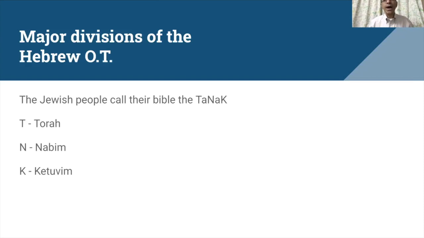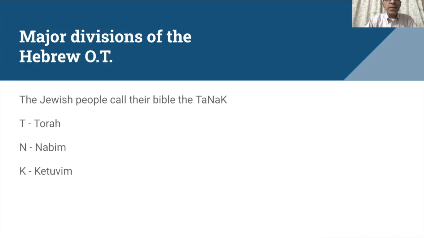For them, the Torah was the law. The Torah is the law, the first 5 books of the Bible. Then the rest is Nevi'im, the prophets. Now, when we talk about prophets, this word is much broader, and it goes on to Kings and Chronicles. All of these will come under prophets.